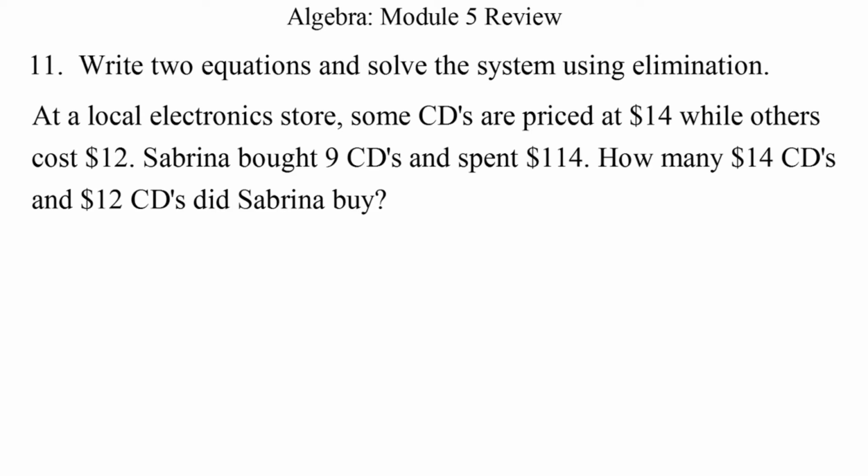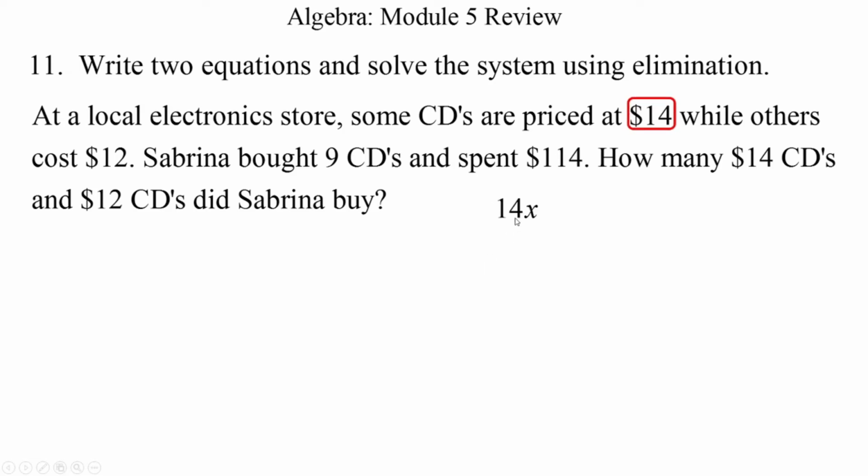All right, so I've got to think about, I have $14 CDs and I have $12 CDs. And what did I spend? $114. So I'm probably going to let X equal my number of $14 CDs.